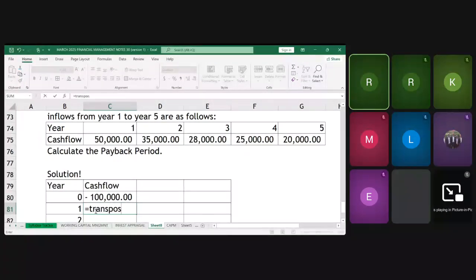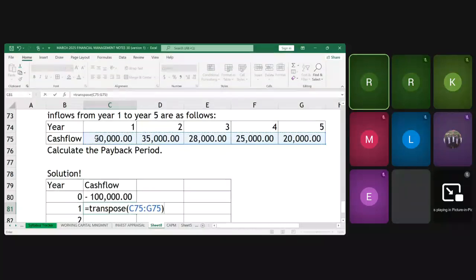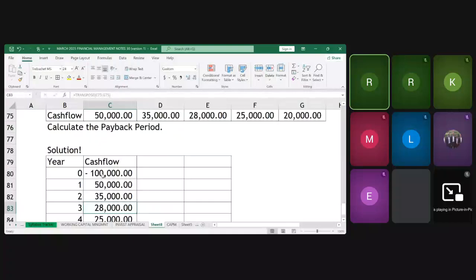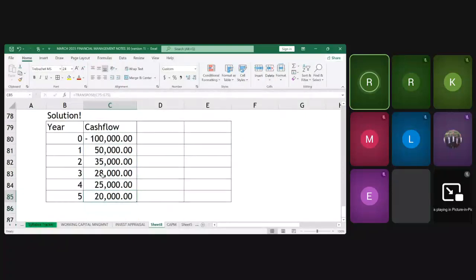Transpose. I want to take these figures here. We have these figures as our cash flows.